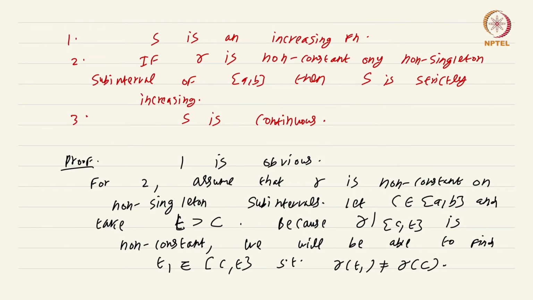In fact, I want this to be in the open interval (c, t), not just the closed interval. If this were not true, then for all t1 in this interval, we have gamma of t1 equal to gamma of c, which contradicts the assumption that gamma is non-constant on non-singleton intervals.